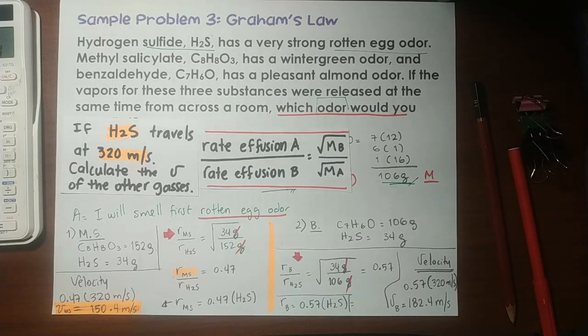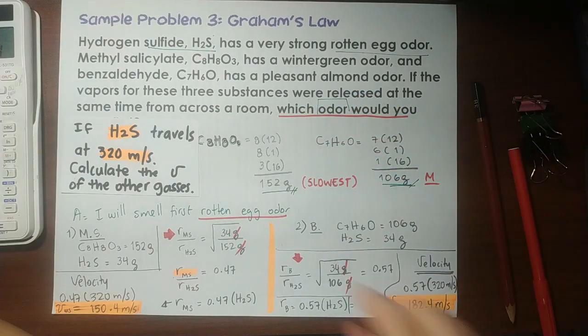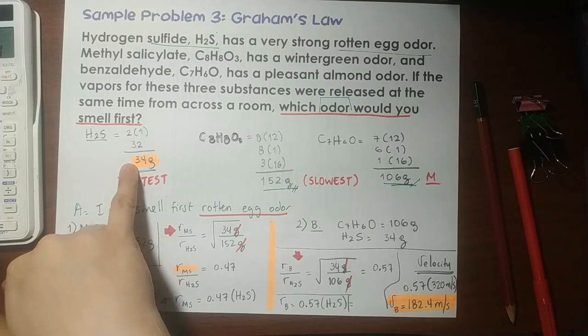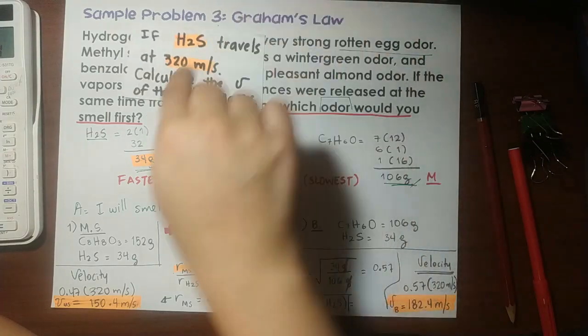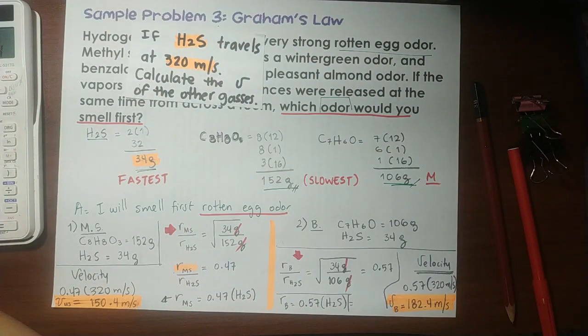Well, the general analysis of this problem is the velocity increases if the mass is being reduced. For example, which one has the greatest velocity? The fastest one. Which one is the fastest? The one with the least of the masses, which is 34. So its velocity, as given, is 320 meters per second. Now, what happens with the others?